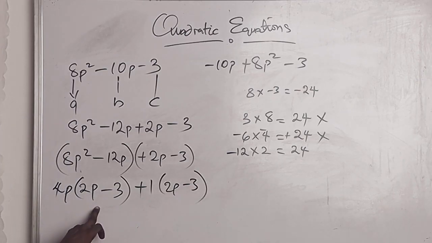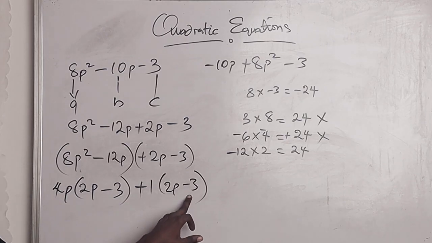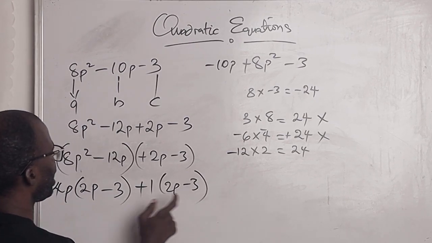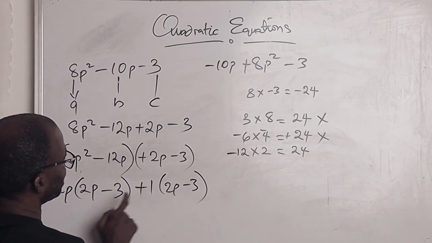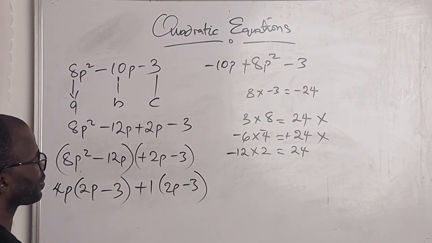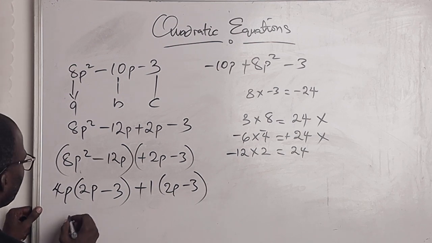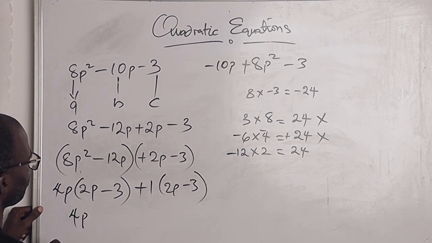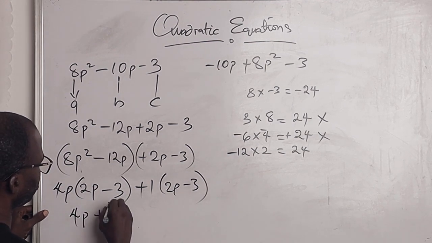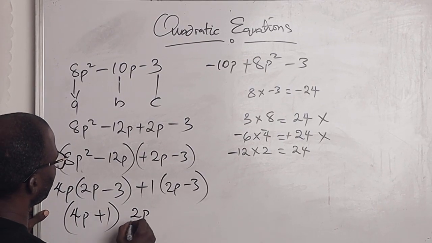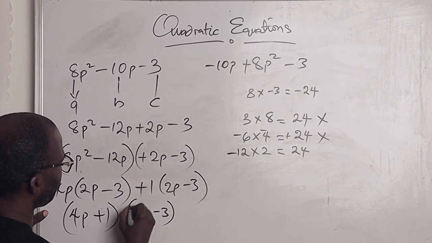Remember, you have 2p minus 3 here, and you have 2p minus 3 here. So, since we have 1 as the coefficient of this, and they have the same expression within the bracket, what are we going to do? We say 4p plus 1 in bracket, then 2p minus 3 in bracket.